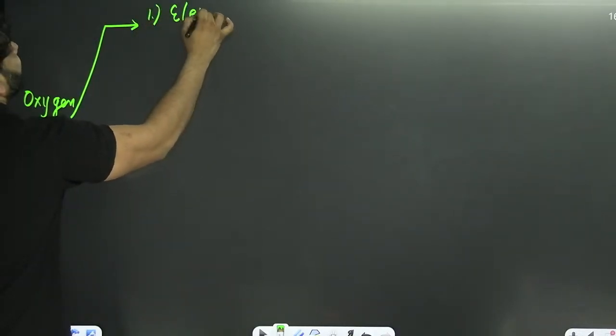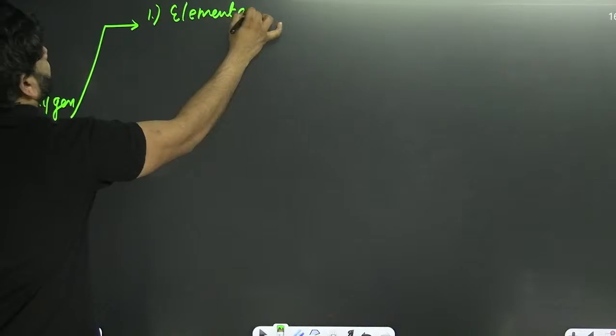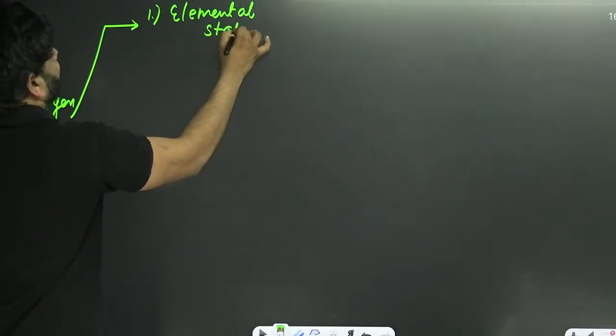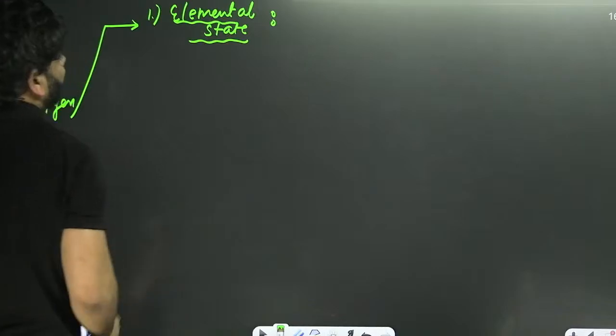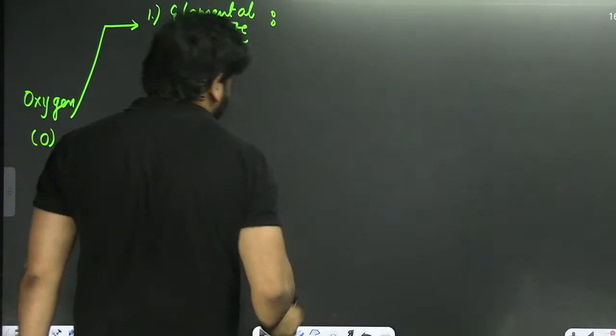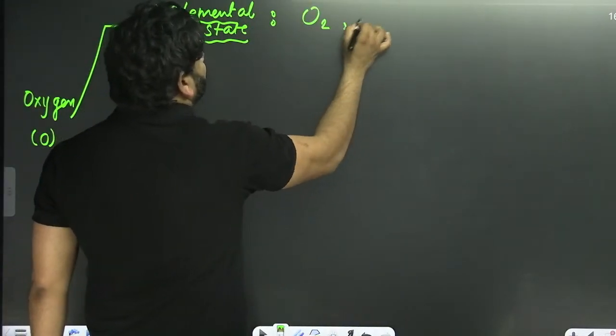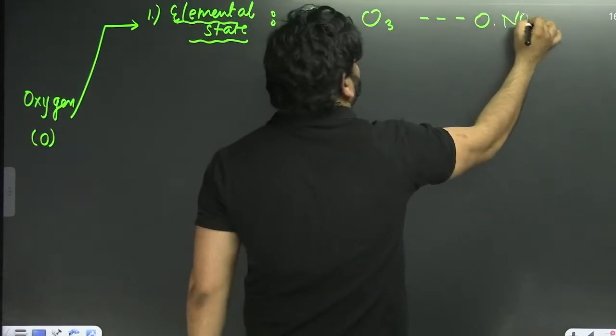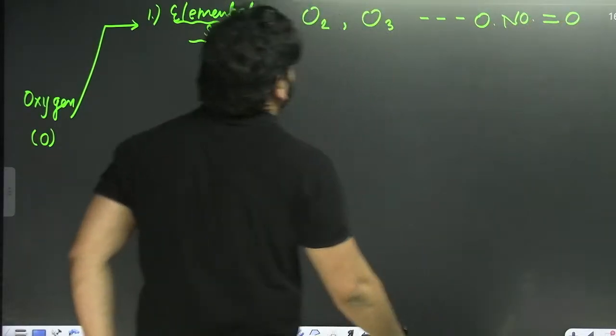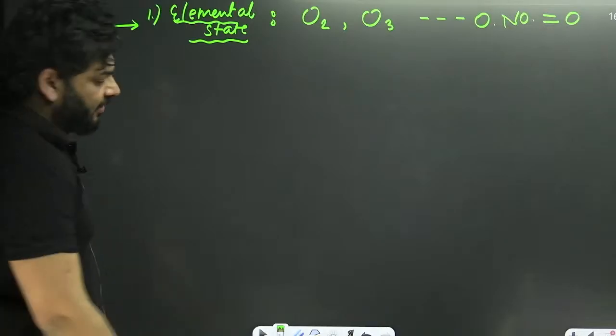What is the elemental state? In its reference state, the one in which it exists freely, not in a combined state with others. This will be O2 or O3. So it will have an oxidation number of 0. In all elemental states, we have an oxidation state of 0. Very first case.